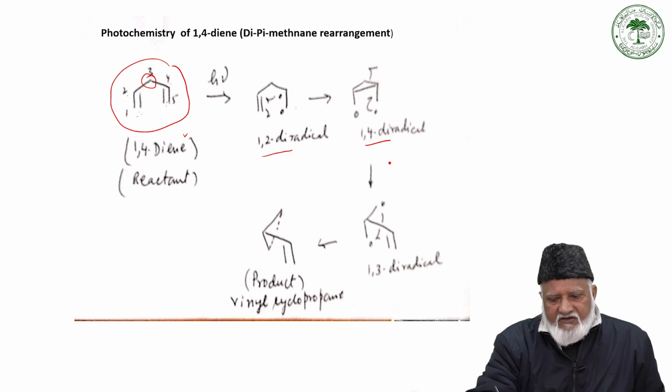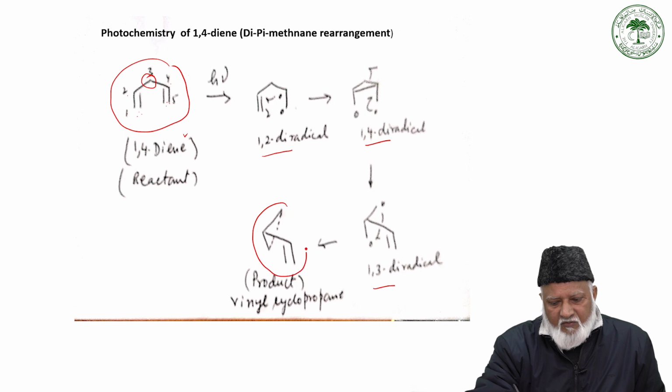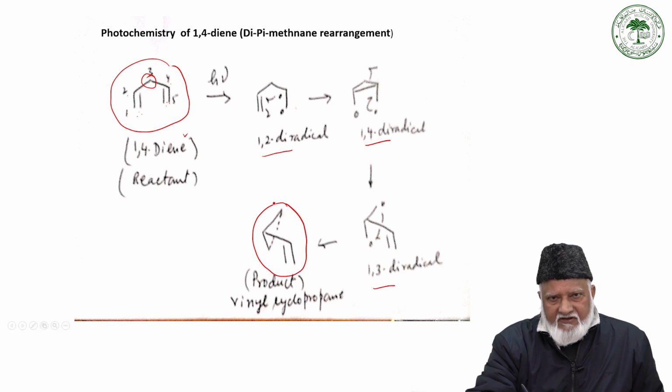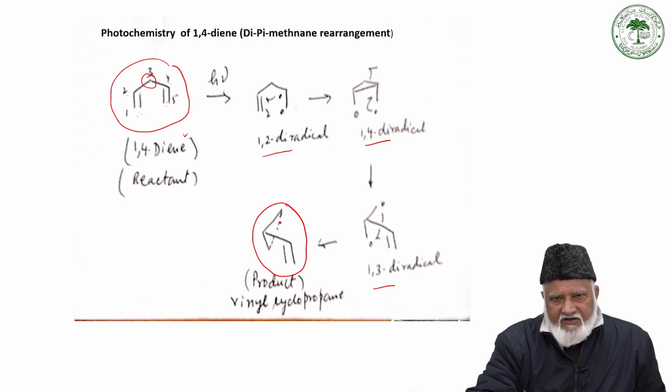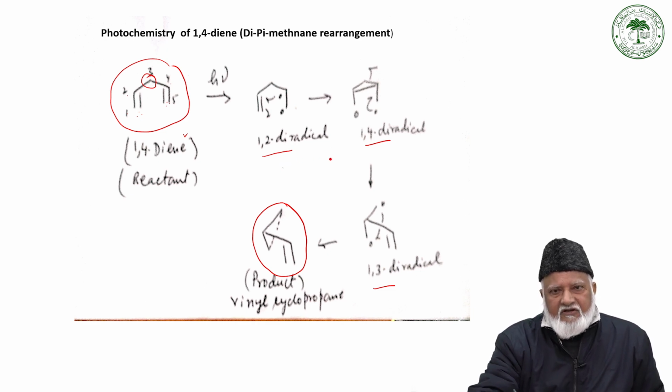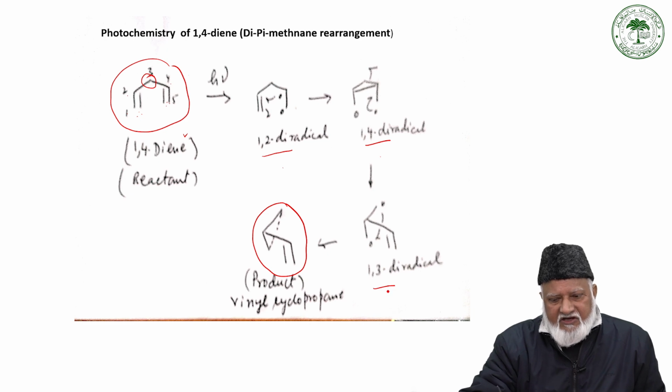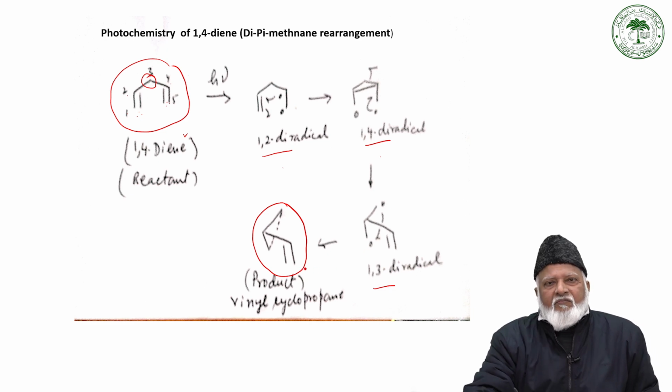Then it can undergo cleavage of the cyclopropane ring, not the newly formed bond but the old bond, to give a 1,3 diradical, and cyclization of this 1,3 diradical gives vinyl cyclopropane. So 1,4-diene rearranges via a 1,2 diradical, then a 1,4 diradical, and then a 1,3 diradical, followed by cyclization to give vinyl cyclopropane.